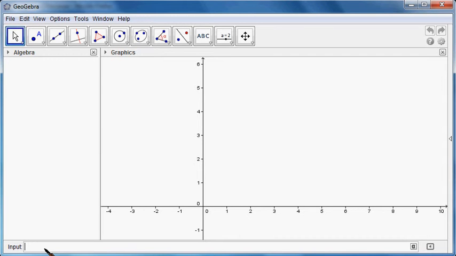At the input, I'm going to put f of x, then a colon and equals, and the function is tangent of 4x divided by tangent of 5x. So hit enter.